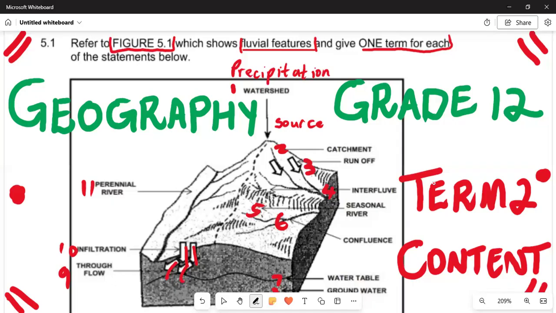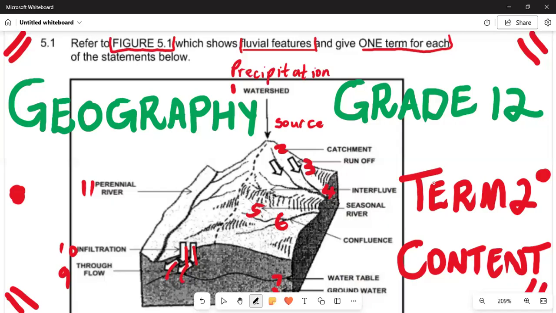And when this precipitation happens, it goes directly to what we call a catchment area. So what is a catchment area? This is the source of the river, where the water from the precipitation goes through the catchment area so that our rivers can have the density of water.